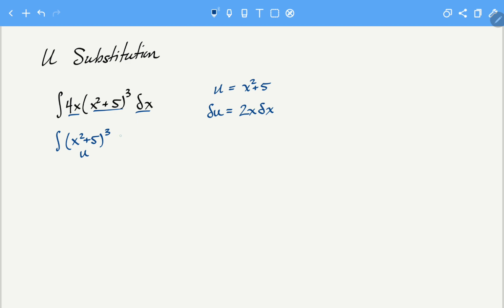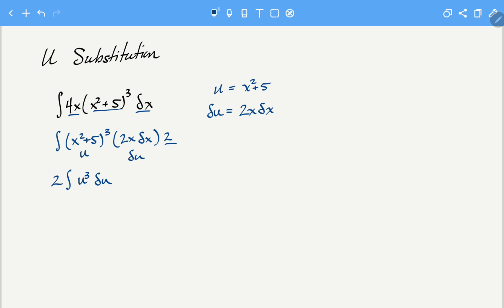Then we've got that 4x, which is really 2x dx times 2. This 2x dx is our du, and then we've got the number 2 left over. So what we end up working with is 2 times the integral of u cubed du. Now all of a sudden, u cubed du is so much easier.